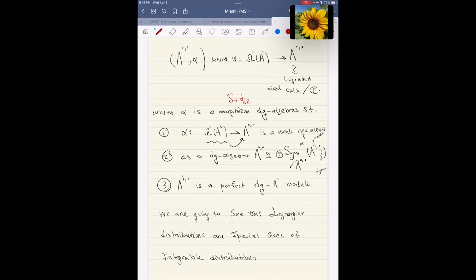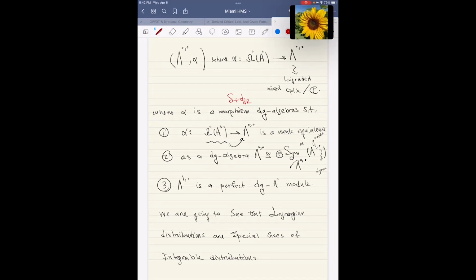I just want to ask about a trivial distribution, like constantly zero. Oh, the trivial distribution. Well, the trivial distribution trivially satisfies these three conditions, right? Why is it a quasi-equivalence? Well, that has to do with the maps.